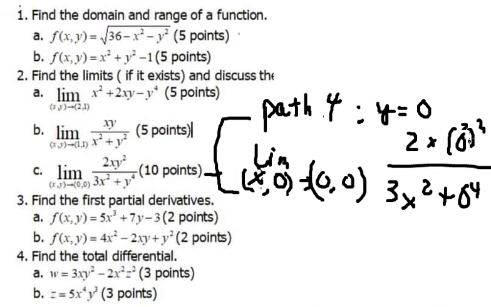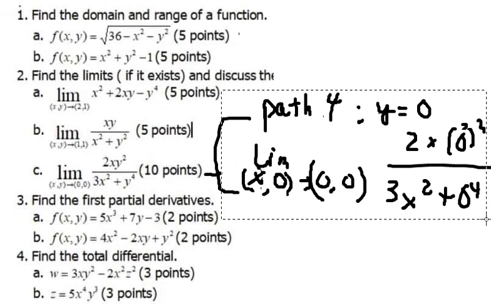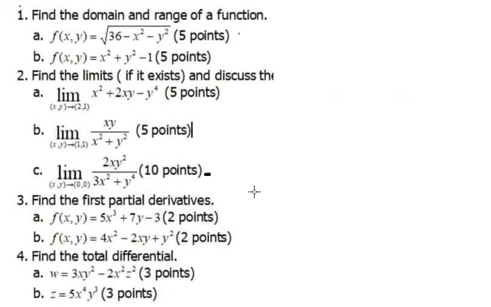Because the denominator is still a number in here, the numerator you got 0, so this one you got 0. After we analyze 4 ways in here, we can conclude that this limit is equal to 0.